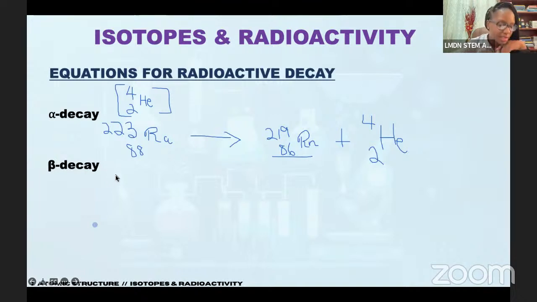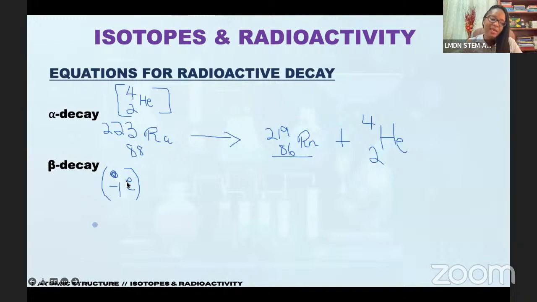If we're representing an electron, we'd represent it like this. Oh my, that line is very thin. Let me fix that. So it's a 0, minus 1, e. That's how we represent an electron. Just as we write the helium nucleus up here, we write the electron like this.